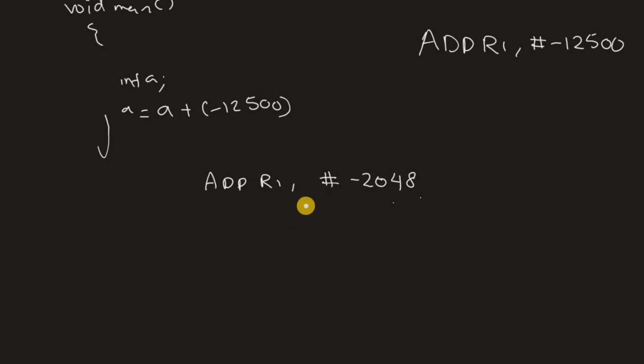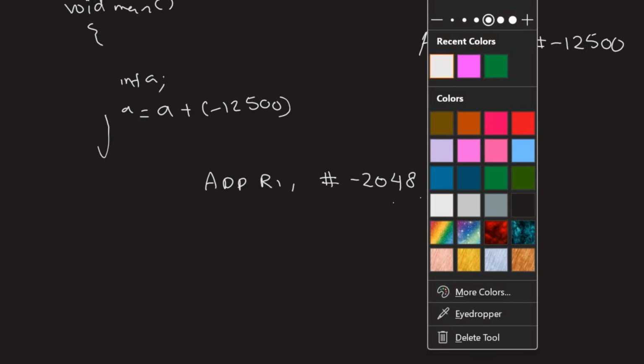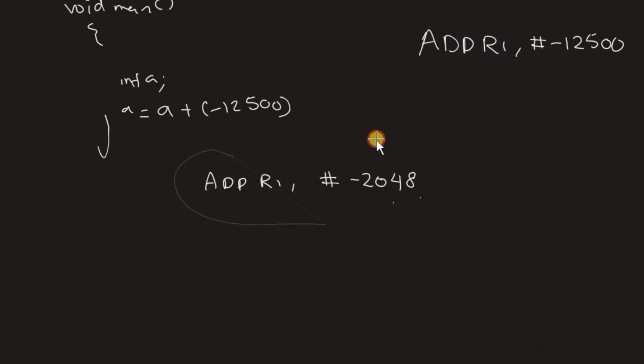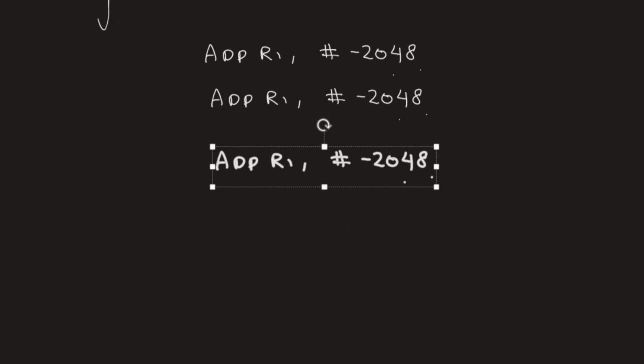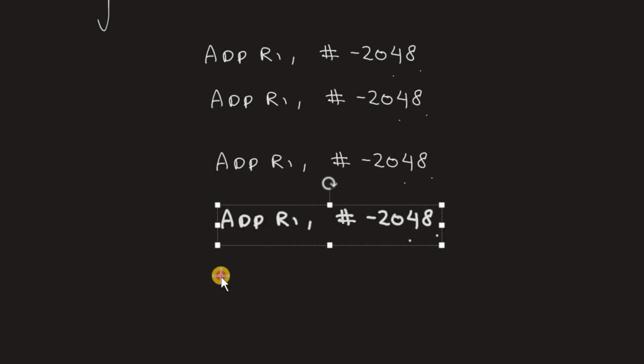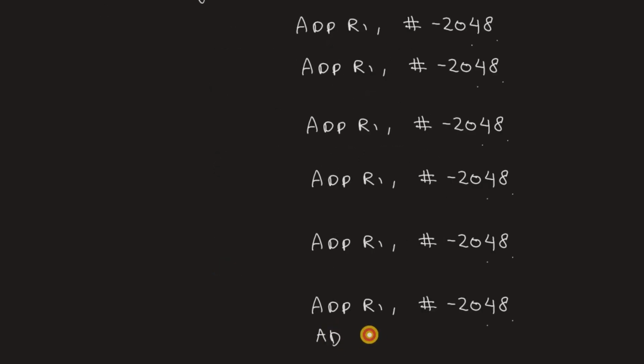It's going to keep adding this 2048 until we get to this number that we have over here. It's going to add 2048 again and again, and then finally we will have add r1 and then -212.